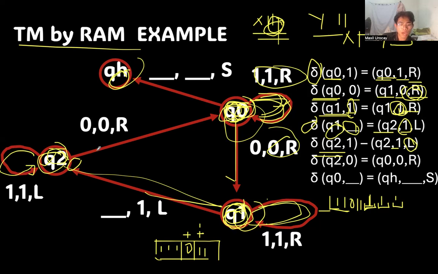After that, when our current state is Q2 and our current symbol is 0, the Turing machine transitions back to state Q0. When it encounters 0, we write 0 in that position and move right.